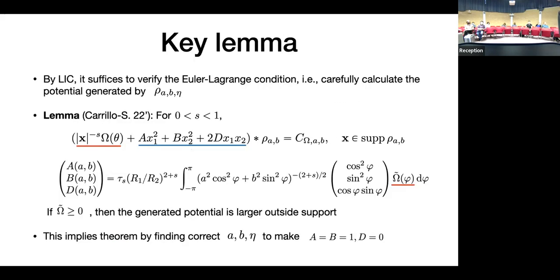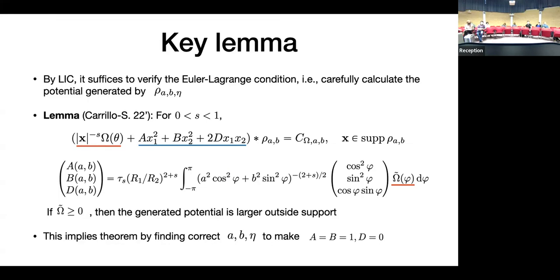Okay, so the proof of this result is basically still you take that ellipse-shaped distribution and check the Euler-Lagrange condition, and then by the LRC property, if the Euler-Lagrange condition is true, then it has to be the unique minimizer. That means we have to calculate the potential generated by this ellipse-shaped distribution very carefully.